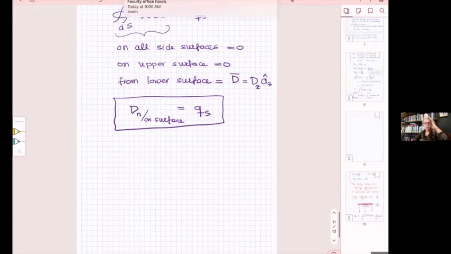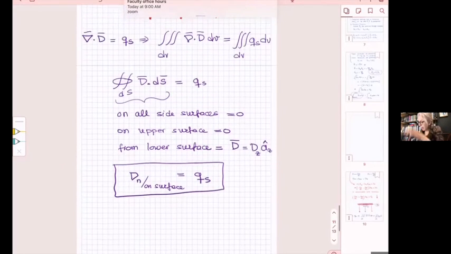Whenever you have a field on the surface of a conductor, the electric flux density is normal to the surface of the conductor and equal to the charge density at that point. You need to remember that this is across the board; we're going to use it exclusively.